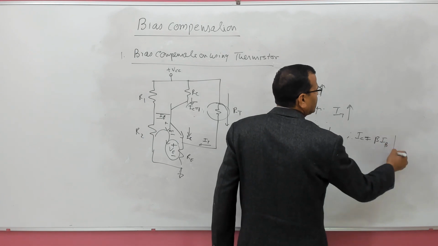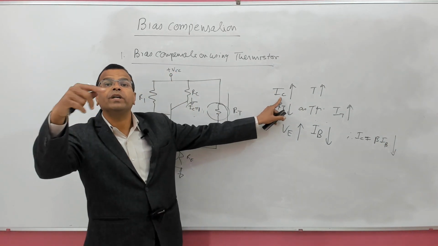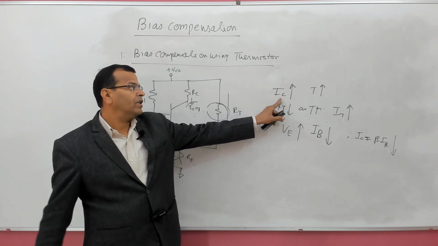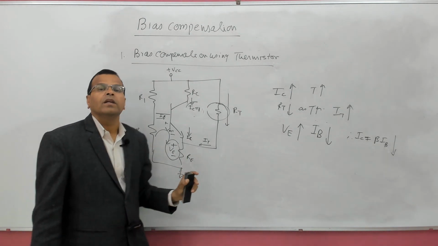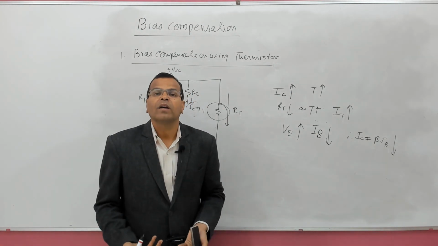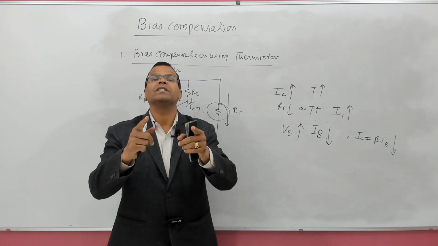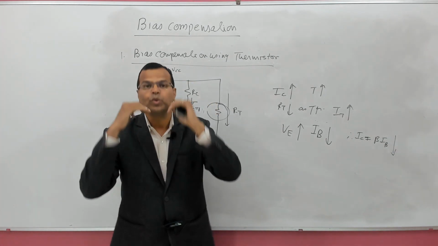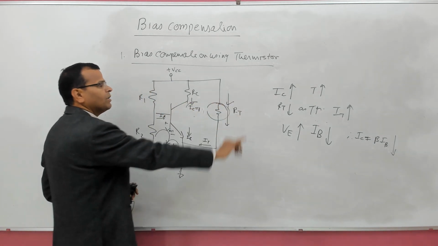So that results in a reduction in collector current. So the collector current, which was trying to increase with increase in temperature, will decrease with the increase in drop across RE. That is how the tendency of increase in collector current with temperature is reduced. That is known as bias compensation using thermistor.